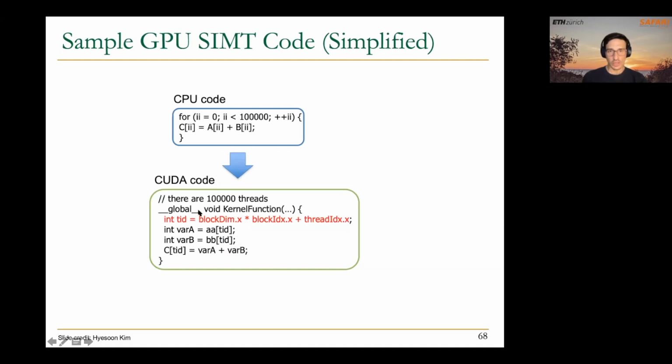If you look at the body of this kernel, the first thing we see is the thread index that identifies the specific thread that we are writing this code for. The value of this thread index is going to go from 0 to the maximum number of threads that we are using in our program minus 1, as you can imagine. After that, we perform the accesses to the arrays in memory, the operations, and the final store back to memory, again using the thread ID.